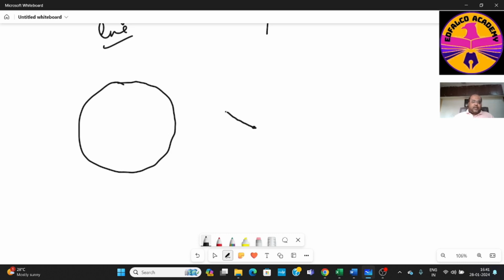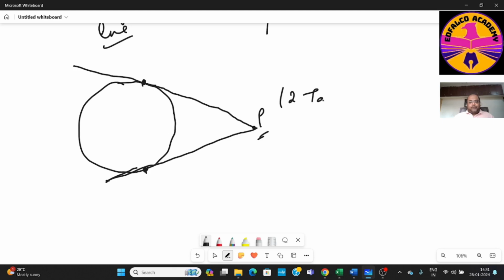One line can be drawn like this, which actually touches the circle at one point. Right at this point it touches. And same way you can draw another tangent as well, which touches over here. So two tangents are possible from a given point P, which lies outside of the circle.